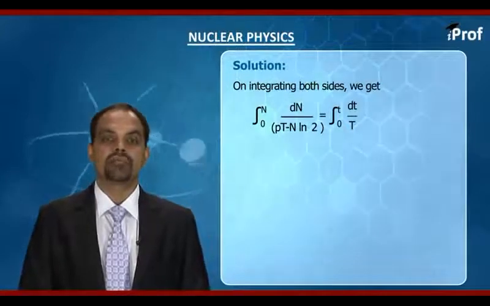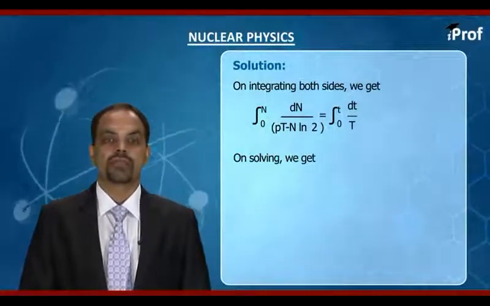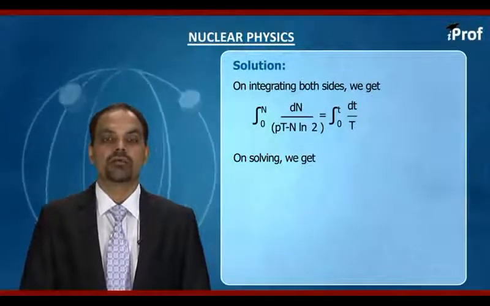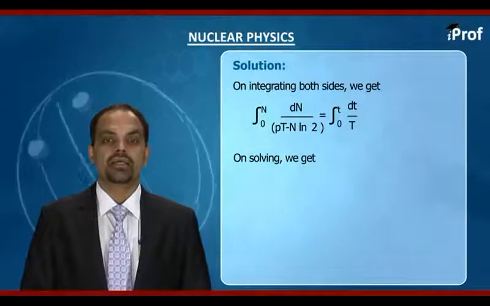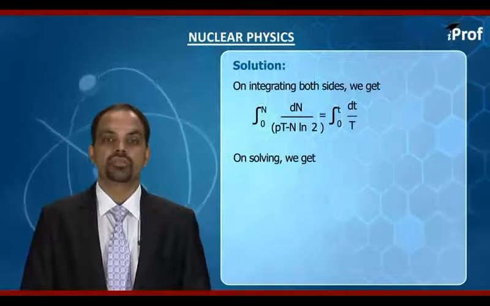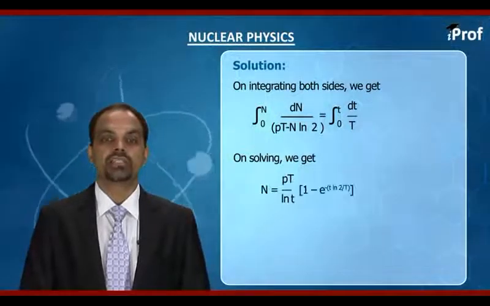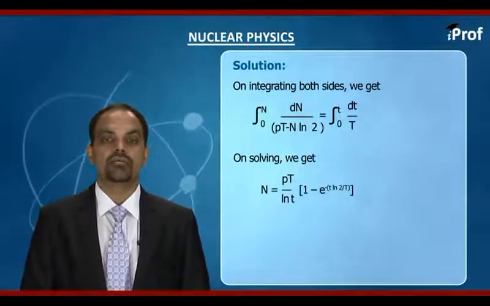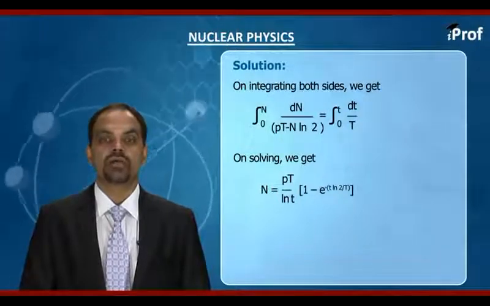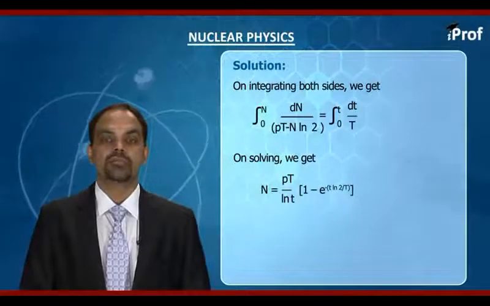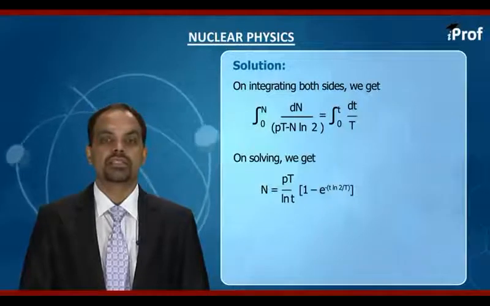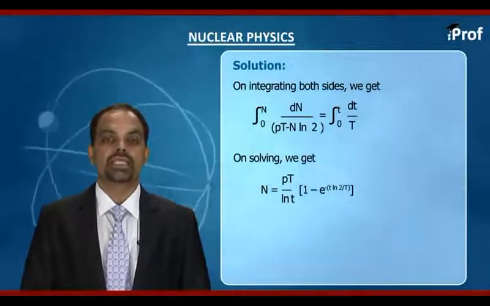Now when we solve this equation, we get the final solution, that is number of nuclei at any instant of time, and the expression is shown on the screen: N is equal to P T divided by ln 2, in bracket 1 minus e to the power minus t ln 2 divided by capital T. Similarly we can write the activity.